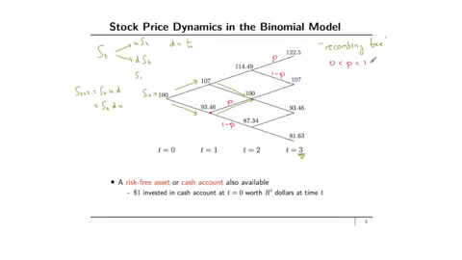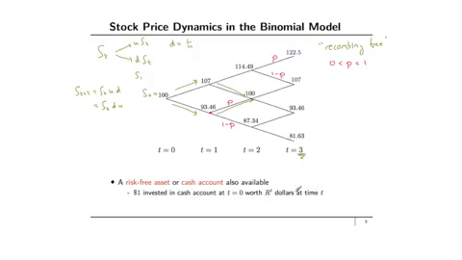Okay, so that's the stock price, the risky security price. We're going to be figuring out how to price options on this stock. We also have another security in our model. It's going to be called the risk-free asset or the cash account. We'll assume that $1 invested in the cash account at t equals 0 will be worth R to the power of t dollars at time t.